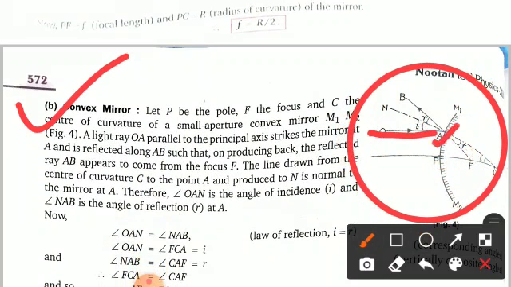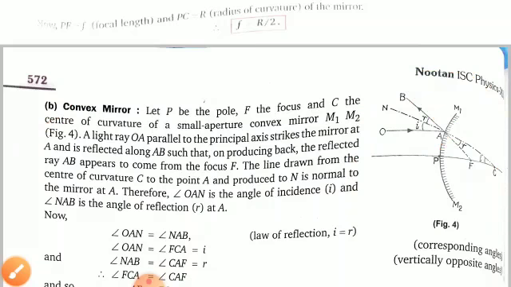At point A, and after striking the mirror, it is reflected in which direction? From point A, after reflection it goes in the AB direction, such that on producing back, the reflected ray AB appears to come from the focus F. So if we produce these rays backward, it looks like it is coming from the principal focus.